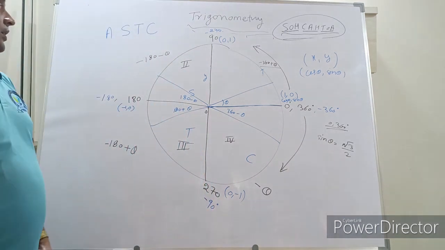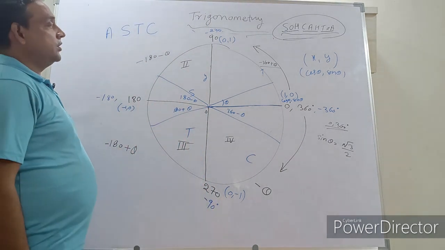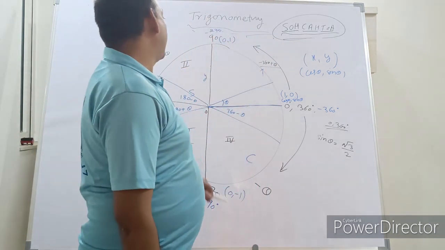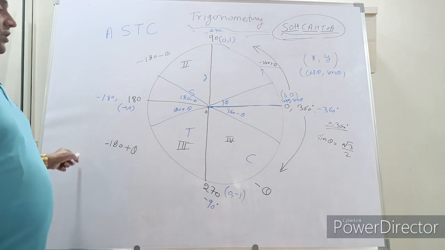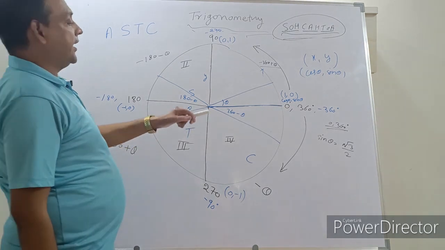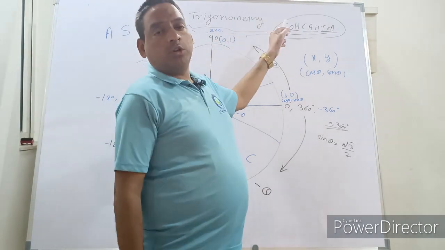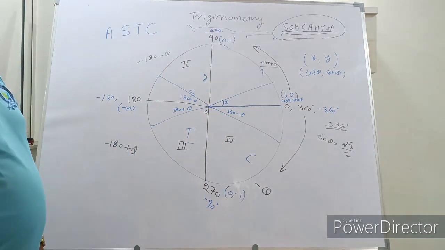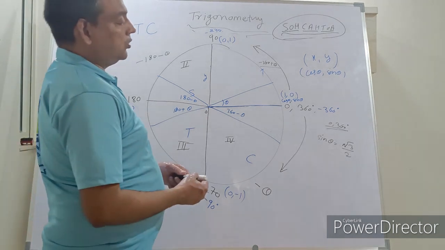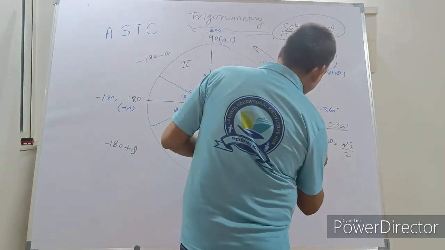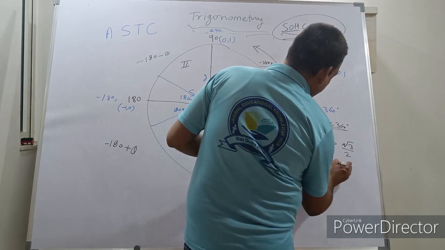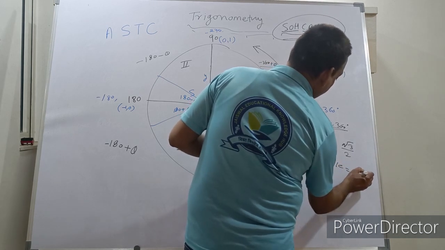Remember, in the beginning we did one table: 0, 30, 45, 60 and 90, with values for sine, cos, tan, cosec, secant, cot. This is sine. Sine of what gives you root 3 upon 2? We did that time, sin 60 gives you root 3 upon 2. So here the base angle is equal to 60 degrees.